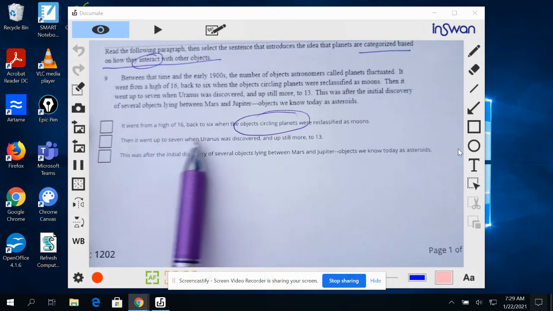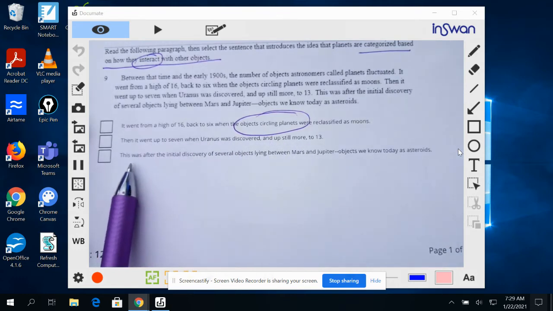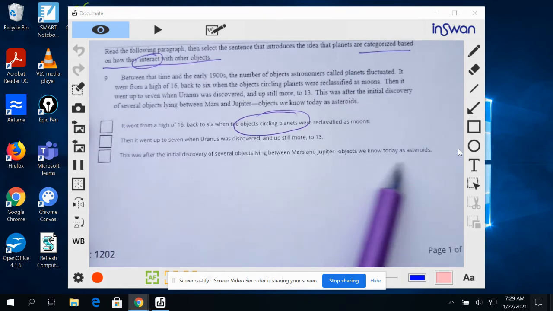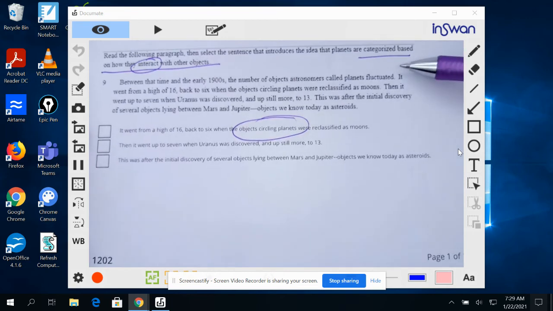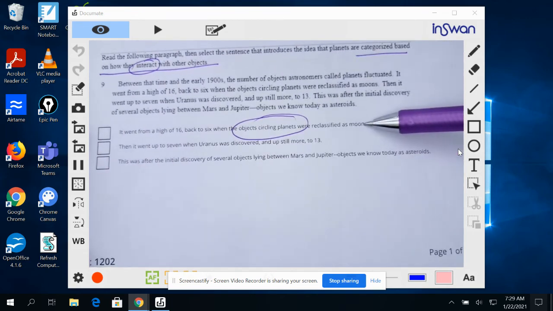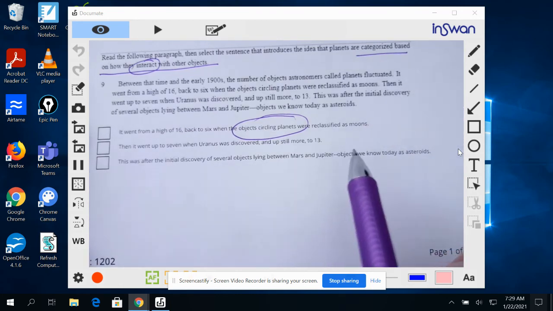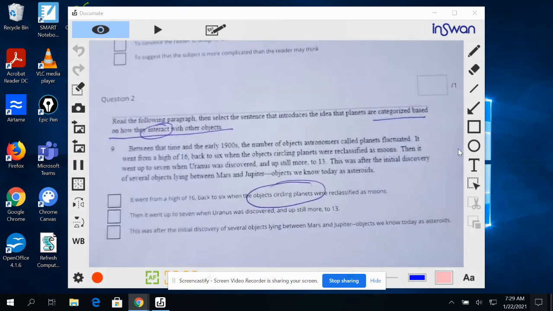This one does not discuss any interaction. This one also does not discuss the interactions and how they impact how planets are categorized. So the answer should have been this one. Remember, we always want to eliminate ones that we can tell for sure are wrong, and then think about the best answer.